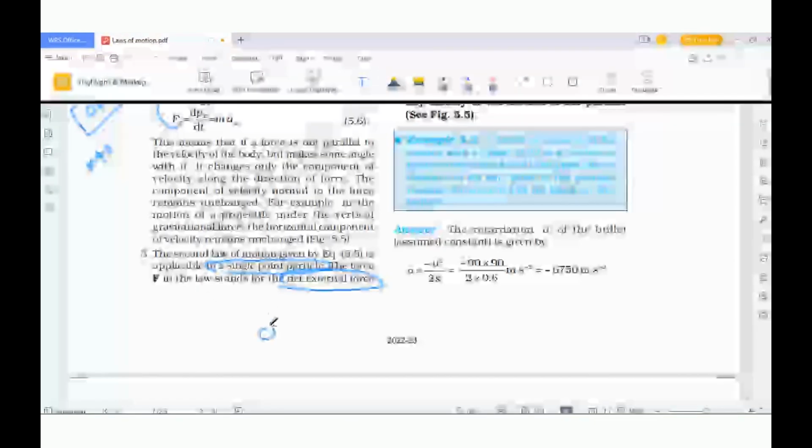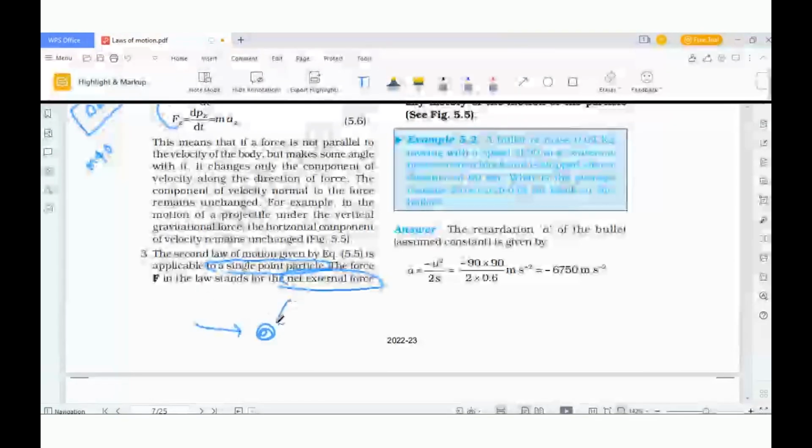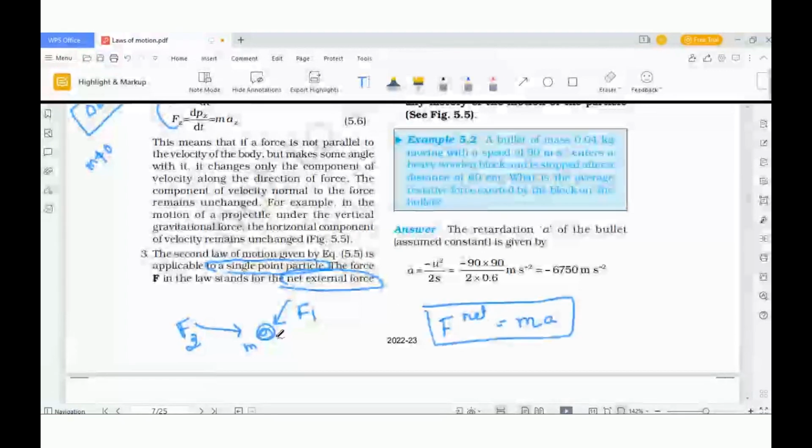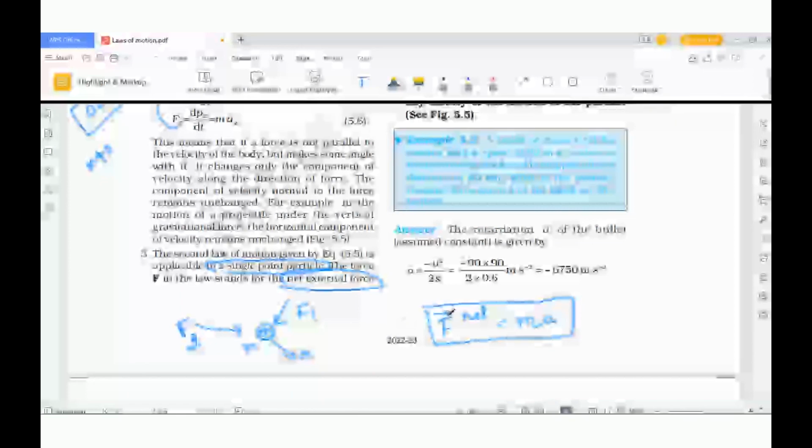If there is one single particle and two forces are acting, F1, F2, and its mass is m, then the net force will be equal to m into a. So m into a is not equal to F1 or F2. It is equal to F net.